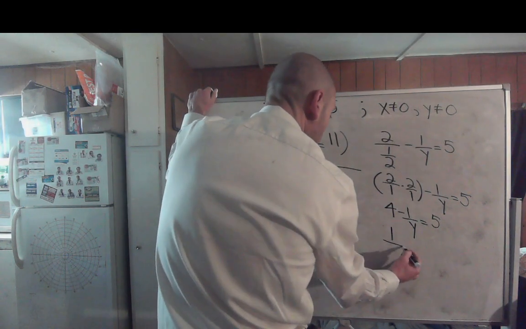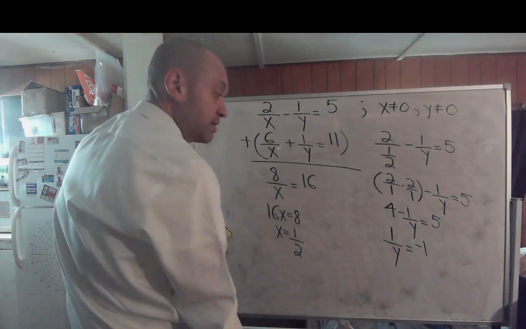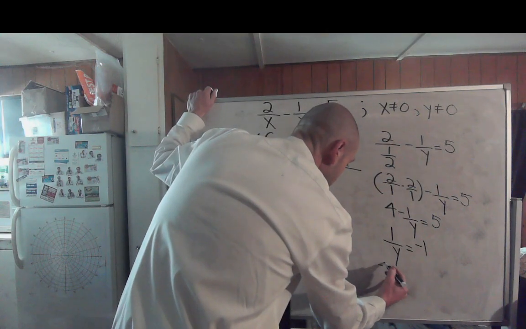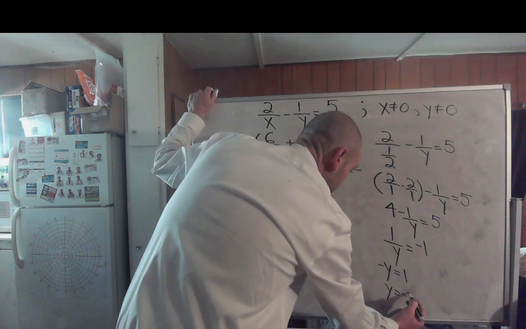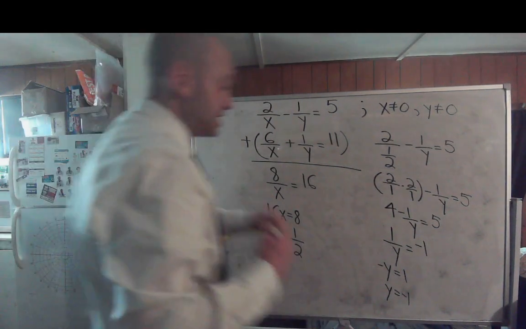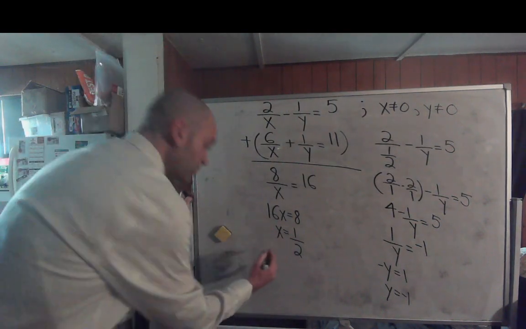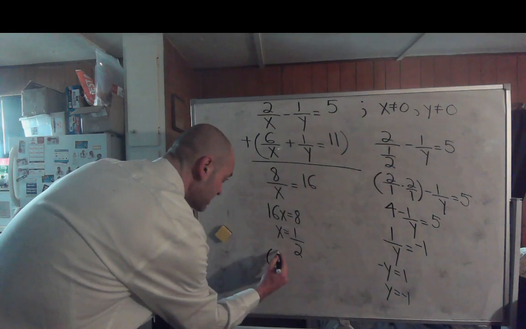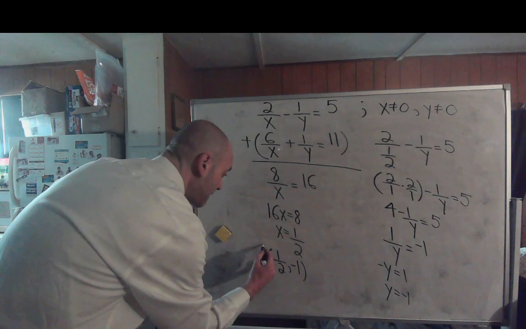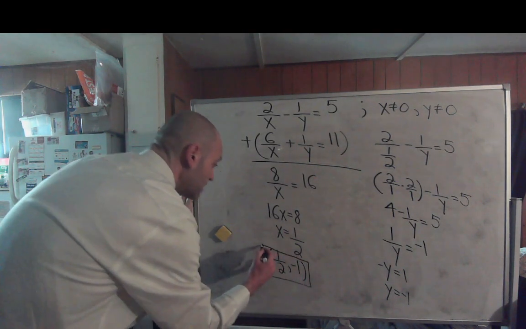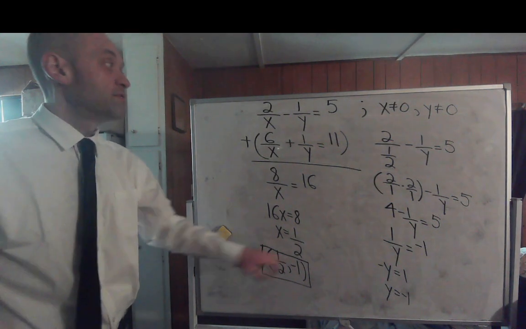And then you would get 1 over y equals negative 1. Well, that gives you y equals negative 1, which also checks because negative 1 doesn't equal 0. So these two curves are going to intersect at the ordered pair 1/2, negative 1.